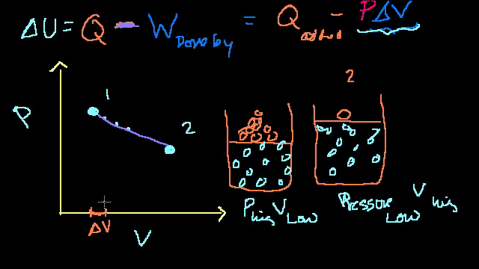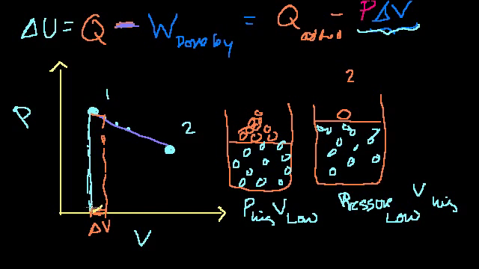Since we did it over such a small increment, and we're so close to equilibrium, we can assume that our pressure is roughly constant over that period of time. So this is the pressure over that period of time. And so how much work did we do? It's this pressure over here times this volume, which is the area of this rectangle, right there.